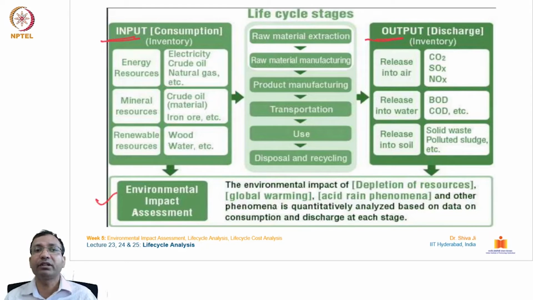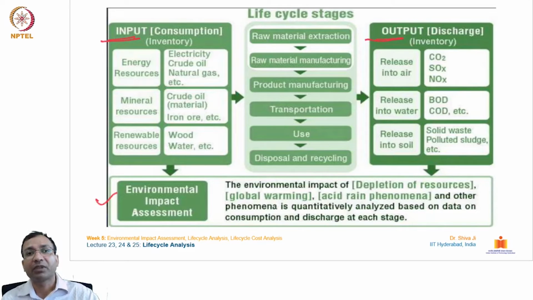And as an output, it releases a number of gases and liquid effluents, then solid effluents, and solid waste material, and things like that. And there, if we compare with environmental impact assessment, there are some sorts of impacts on all of these three stages of the LCA.